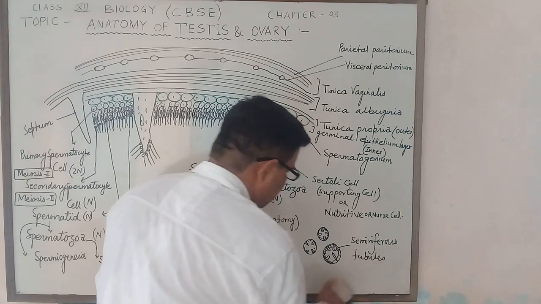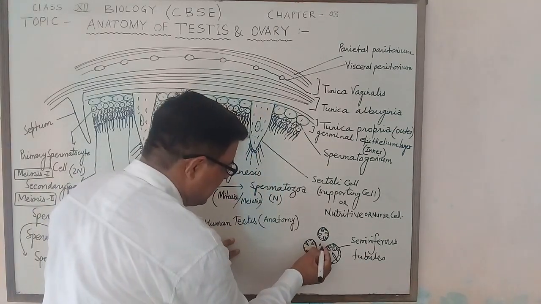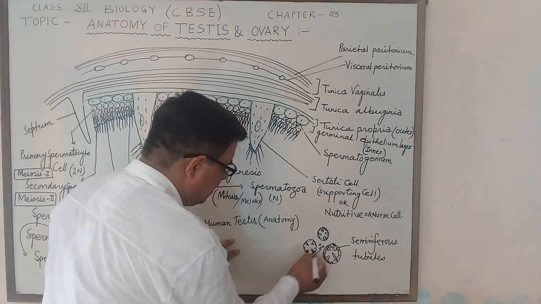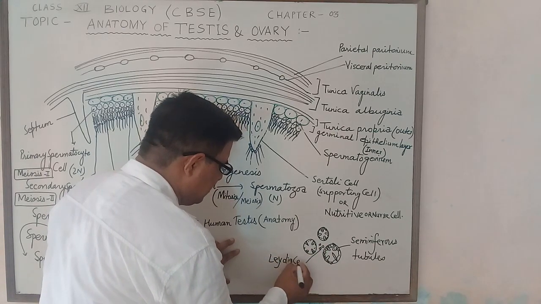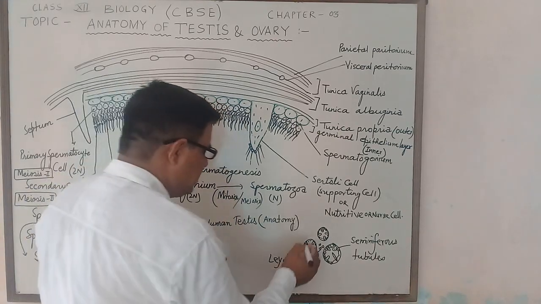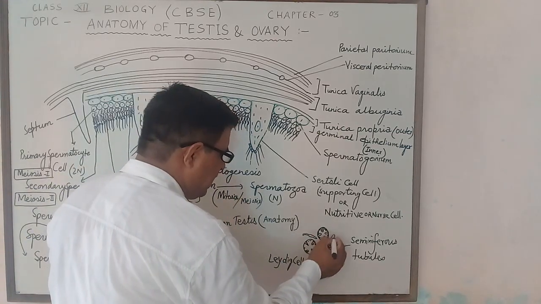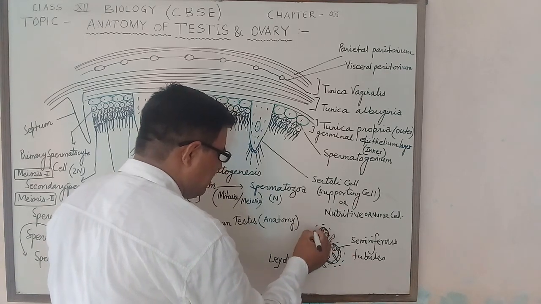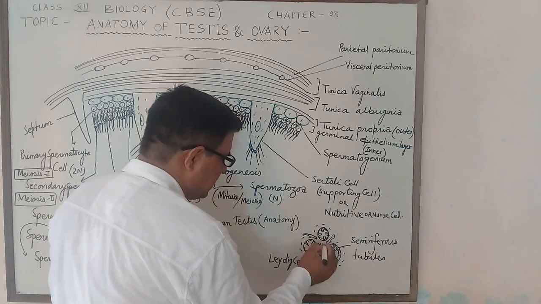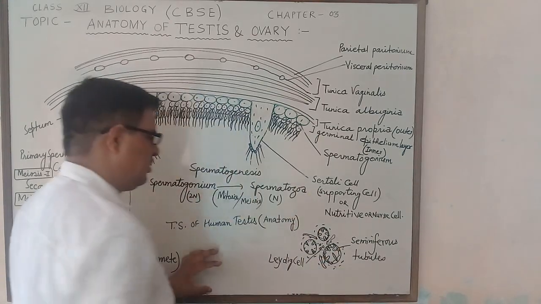Between the seminiferous tubules there are Leydig cells. These Leydig cells are very important, and are generally present between the blood vessels in the connective tissue surrounding the seminiferous tubule.